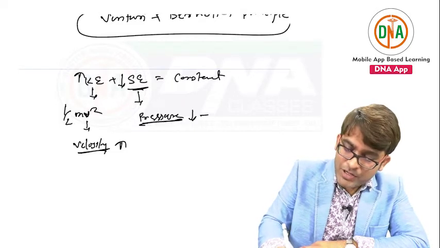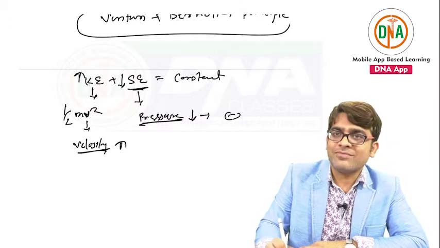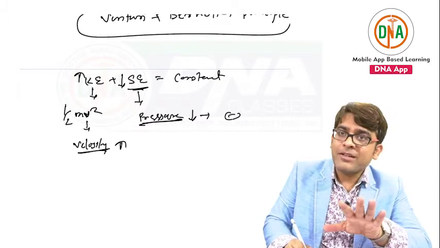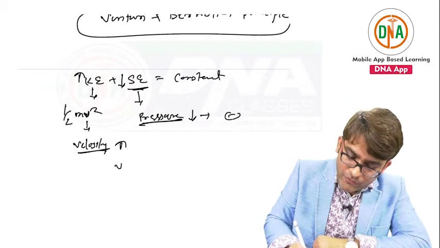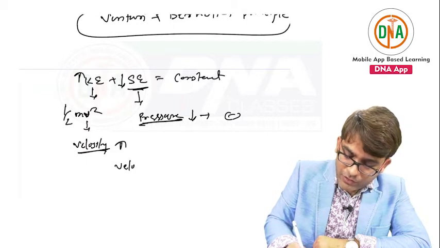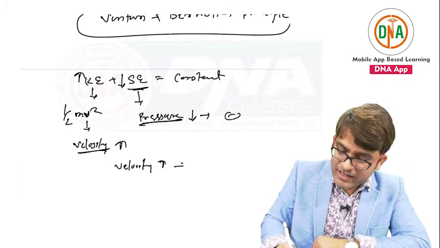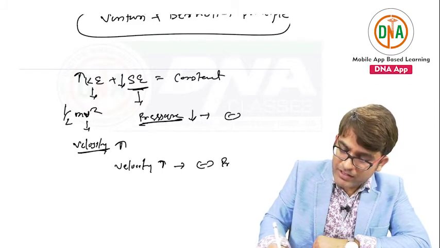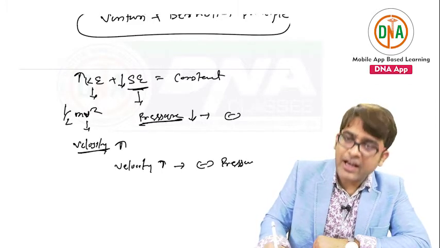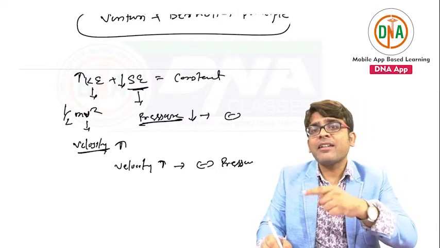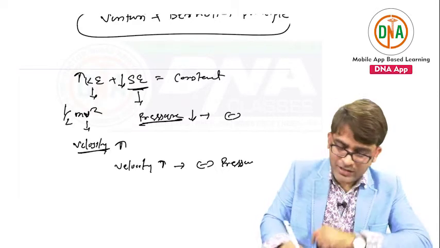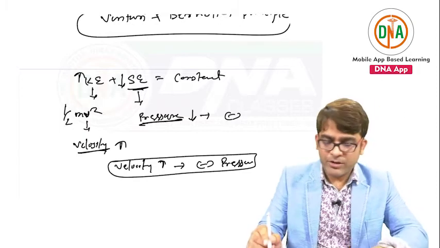Pressure decreases means pressure gets negative. So the simple thing is that when you increase the velocity of any gas, it creates a negative pressure around it. Okay. So this is the Venturi principle.